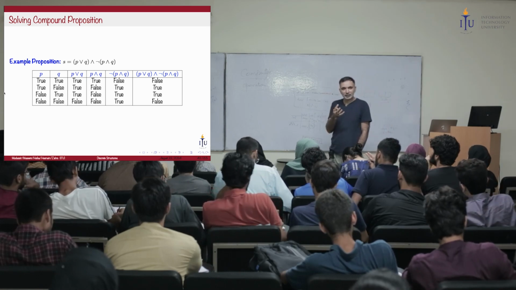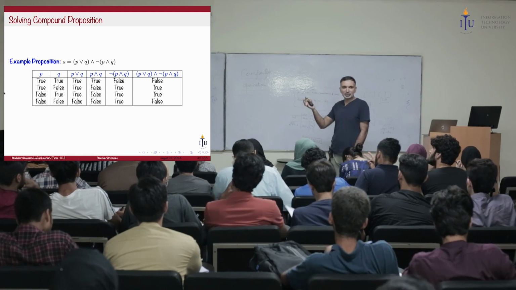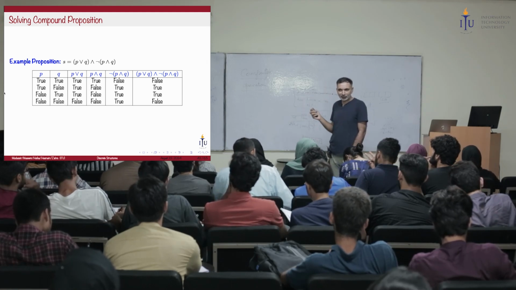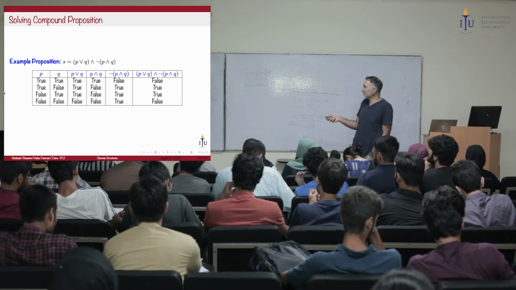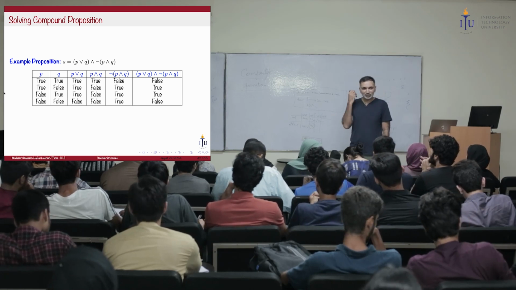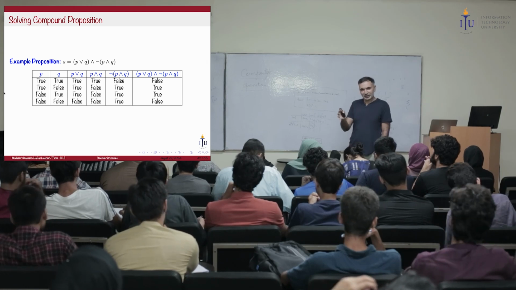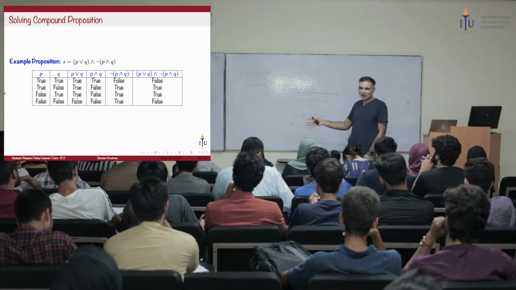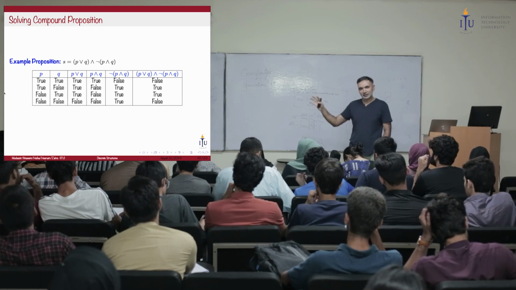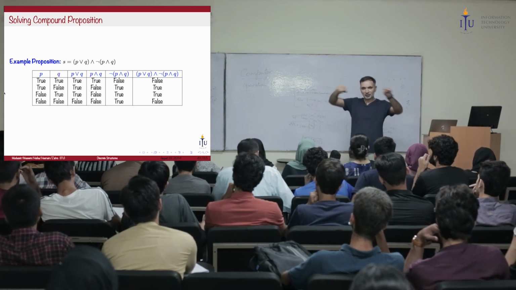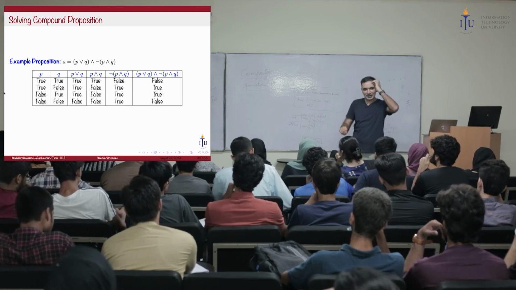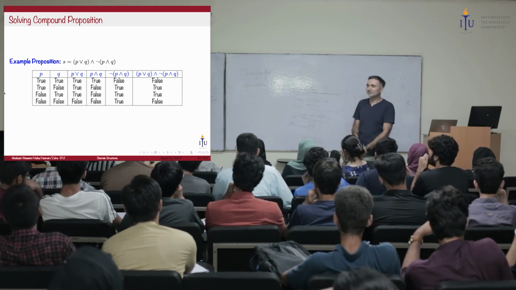It's a mouthful, but let me say it again. It's written over there, I'm just pronouncing it. It's the disjunction conjuncted with the negation of their conjunction. So we are taking the disjunction, taking the conjunction, negating it, and then conjuncting. That's exclusive OR.